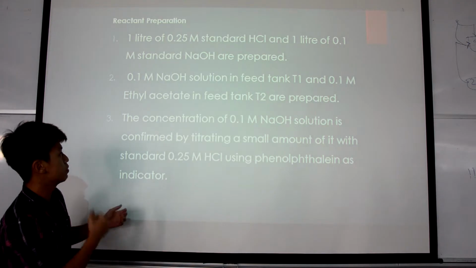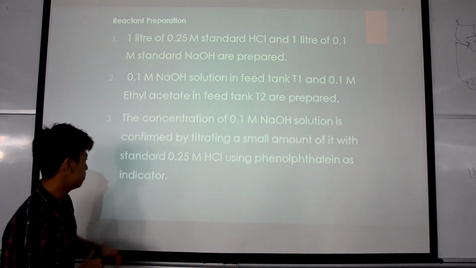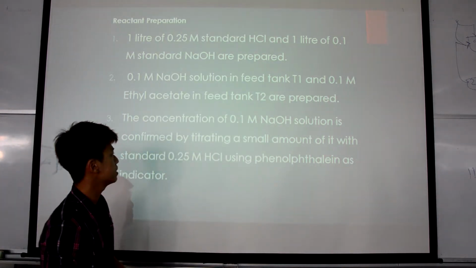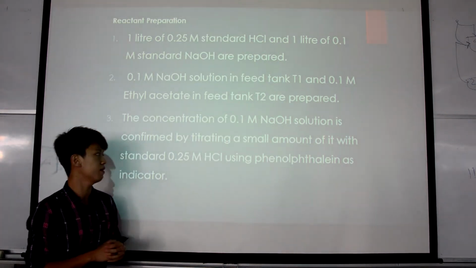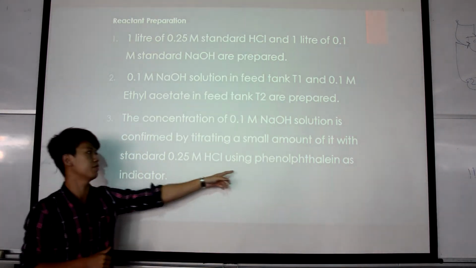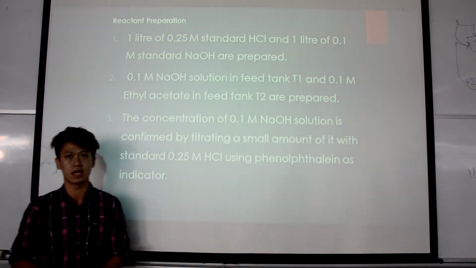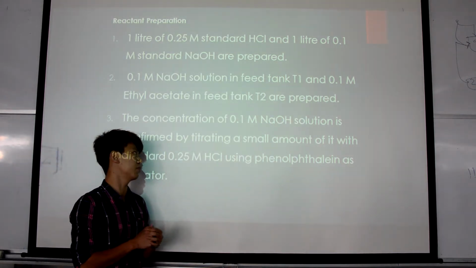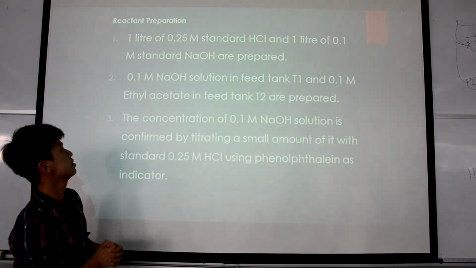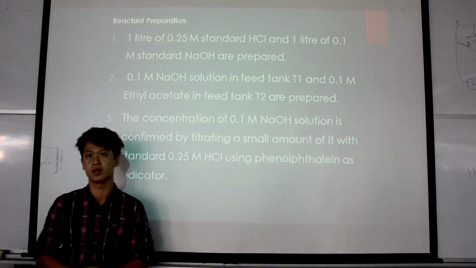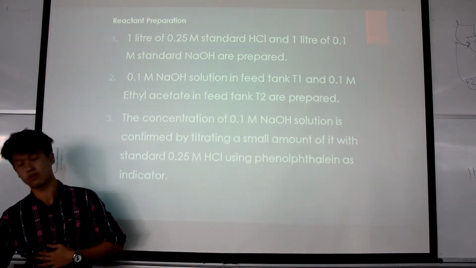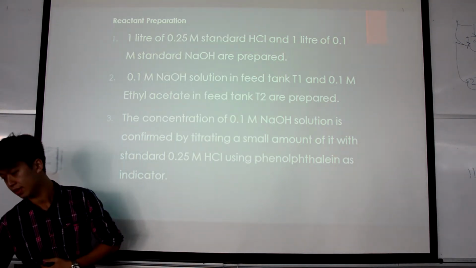Now, this is how we prepared it. The method of preparation will be using titration. We are using a small amount of the standard 0.25 mole of HCl. We are using phenolphthalein as the indicator, and using this titration method, we can produce exactly 0.1 mole of sodium hydroxide solution, which will be the reactants of the experiment.